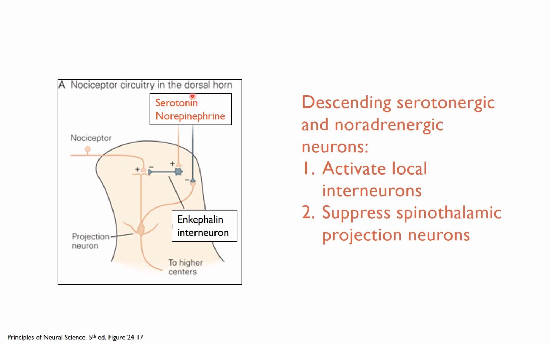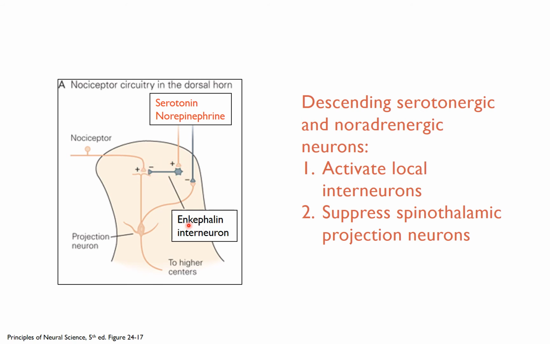Their projection terminals will come down and they will release either serotonin or norepinephrine into this area. Now, depending on what exactly they are synapsing on, if they're synapsing on an interneuron, it will activate that interneuron to release an inhibitory neurotransmitter.